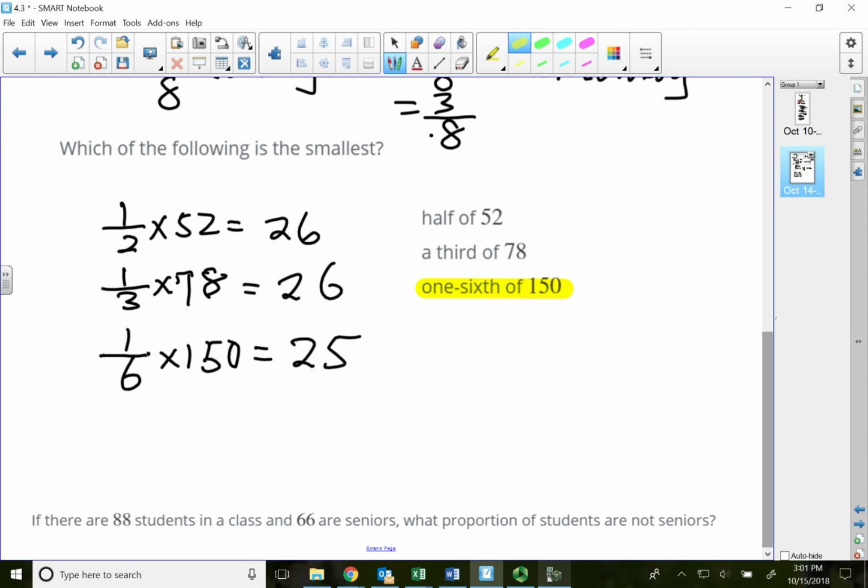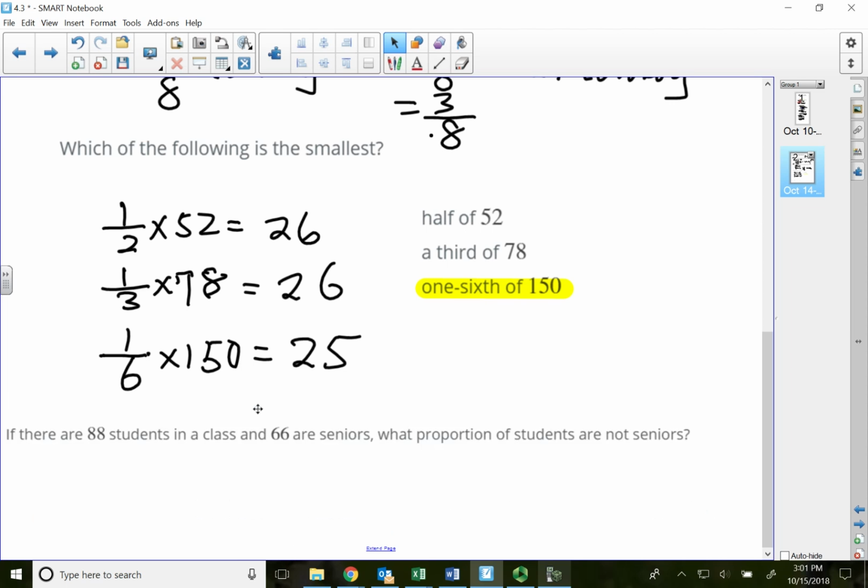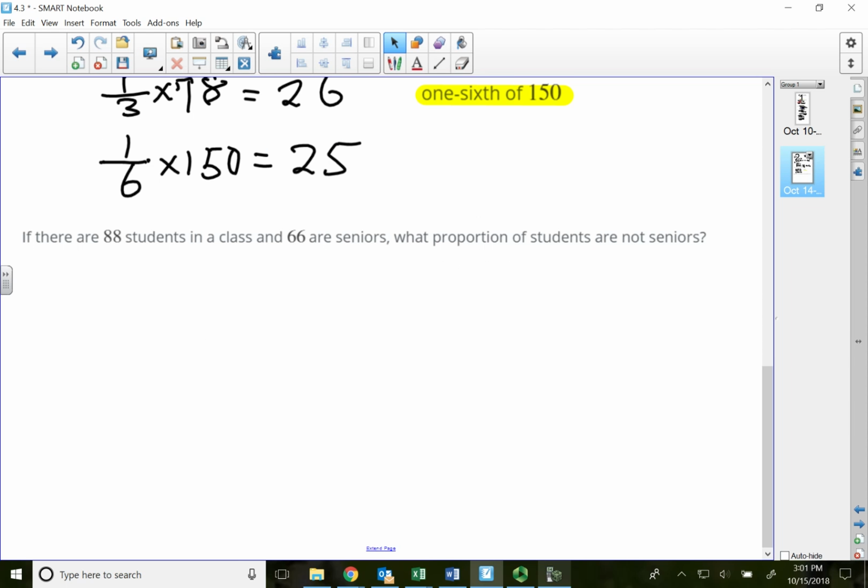Again, these are not quite percent problems, but every one of these fractions can turn into a percent, and then that will be percent times the whole equals the part. If there are 88 students in a class and 66 are seniors, what proportion of the students are not seniors? Proportion means fraction.